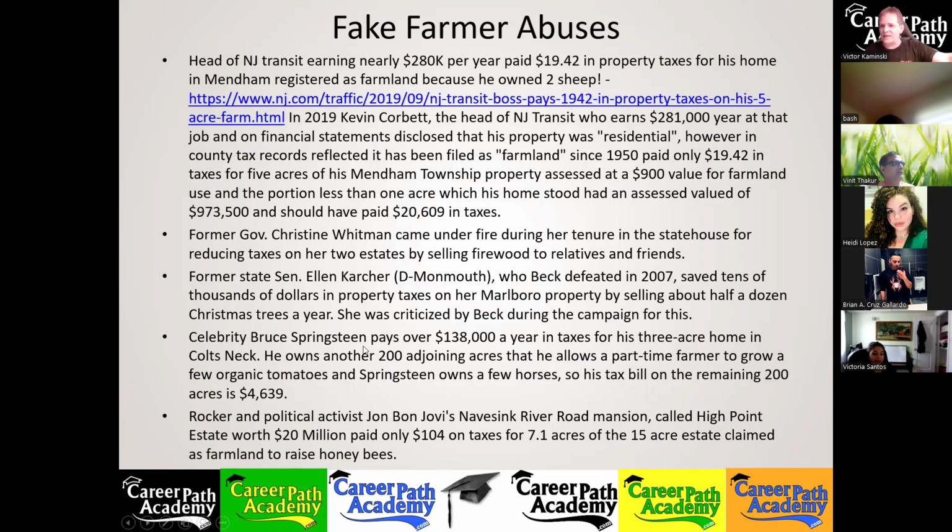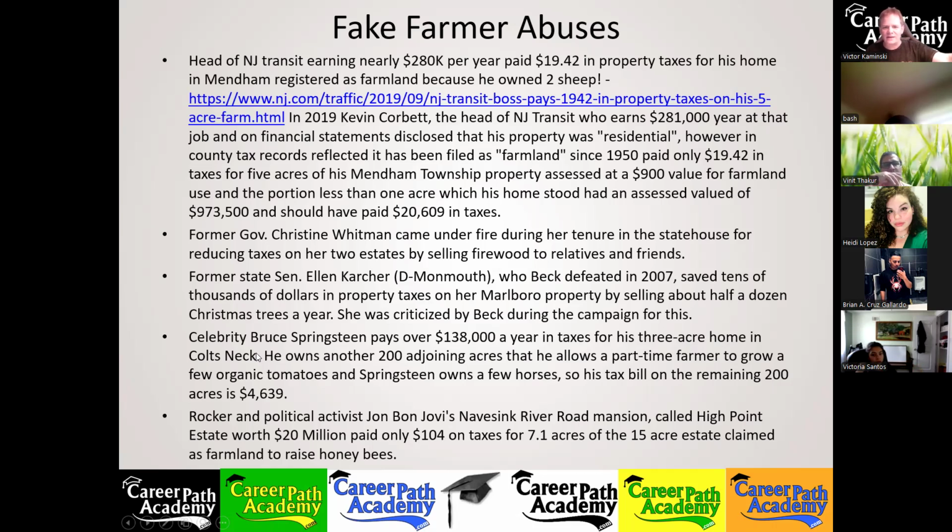Or what about celebrity Bruce Springsteen? I was never into his music though, but anyway, the rocker Bruce Springsteen pays $138,000 a year in property taxes for the 3 acres of land that his home sits on in Colts Neck. That's a really rich area.